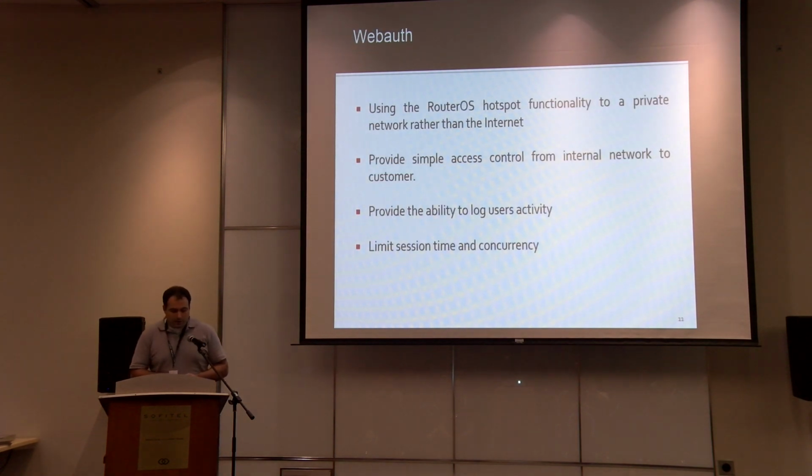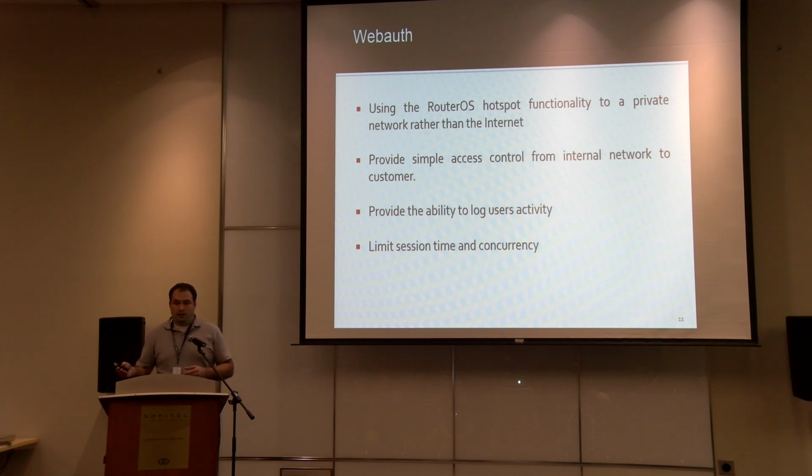So WebHot. We're using the RouterOS hotspot functionality on a private network rather than the internet. There's no huge change there, but the idea is rather than pointing to the internet, we're pointing to a private network.